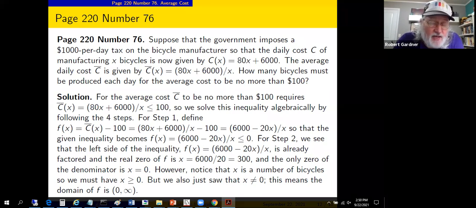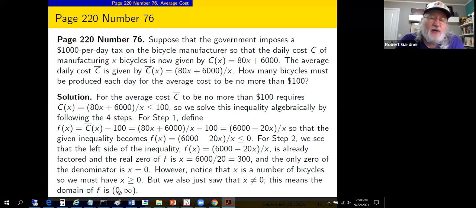It would have to be non-negative because it's a quantity. It has to be a whole number as well, since it's a quantity, to make actual sense. But certainly it can't be negative. And I can conceive of a factory that makes 0 bicycles, but then I can't compute average cost, based on the algebra of the fact that we've got an x in the denominator. We got to throw 0 out.